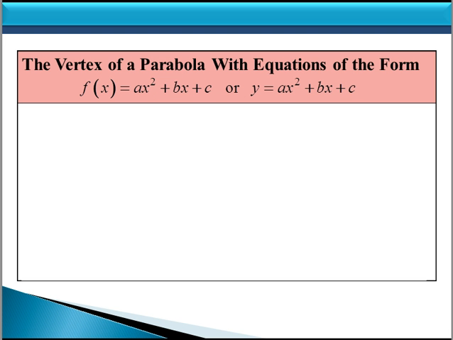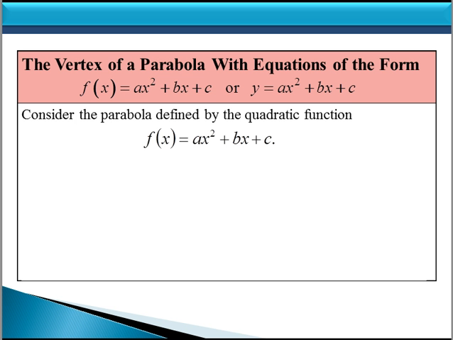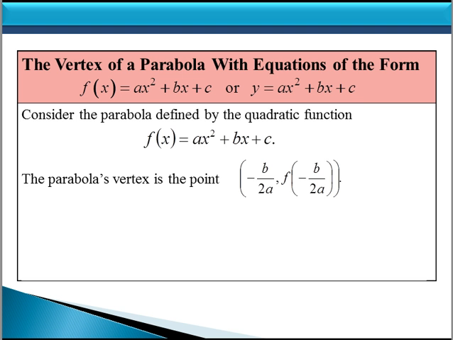Okay, so finding the vertex of a parabola with an equation of the form f of x equals ax squared plus bx plus c, or y equals ax squared plus bx plus c. If your function is in this form, then there's a formula for finding the x-coordinate of the vertex. The vertex is going to be the point negative b over 2a, f of negative b over 2a.